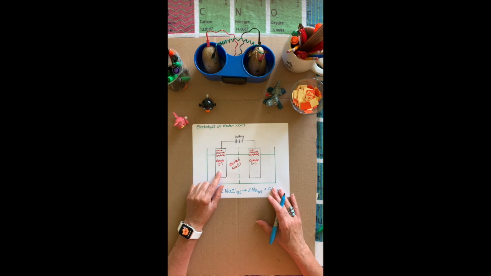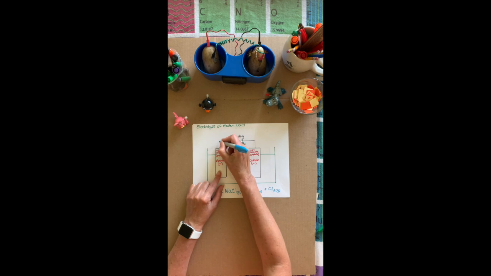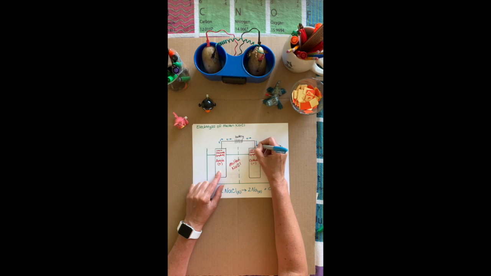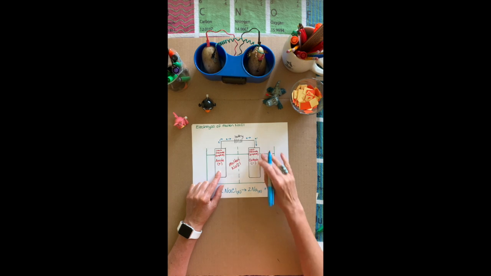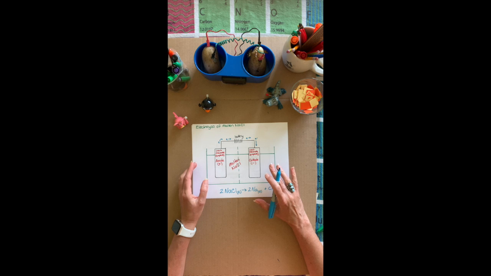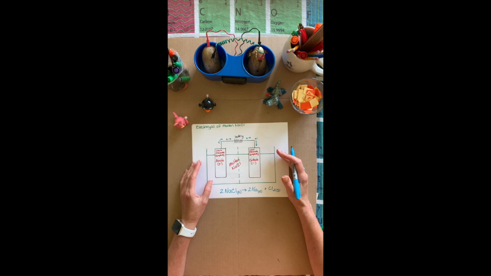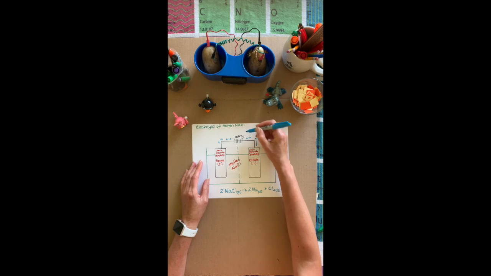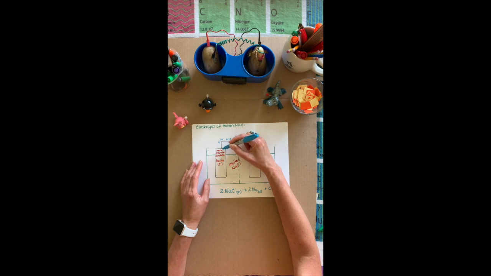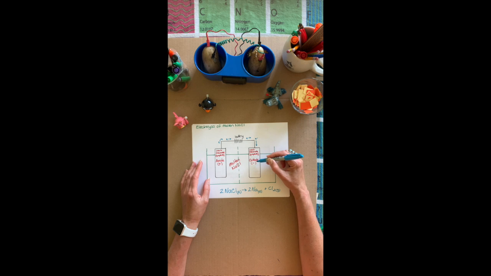The anode is always going to be losing electrons because of oxidation. So the electrons are going to travel in this direction and head towards that cathode. But as I just mentioned, this is a non-spontaneous reaction. We must have electricity consumed to force this reaction to occur.